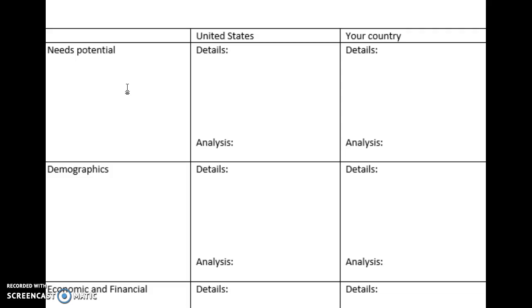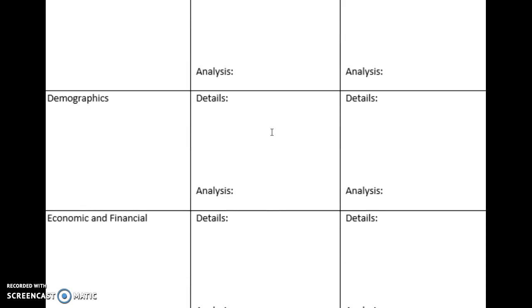So each element of analysis should include the details and the analysis. So it should be, X number of diapers entered this market versus X numbers in the United States. Therefore, I think this country is a good market or not.